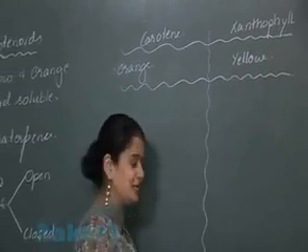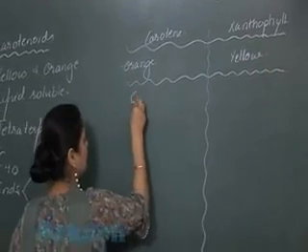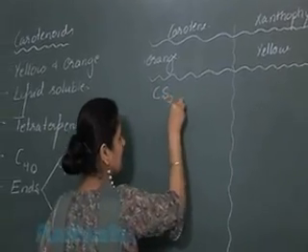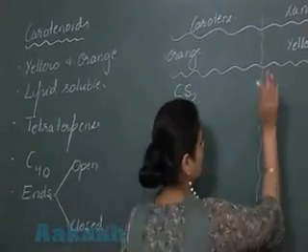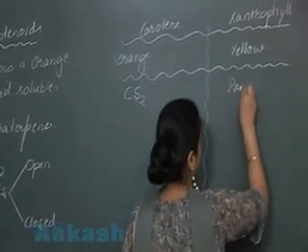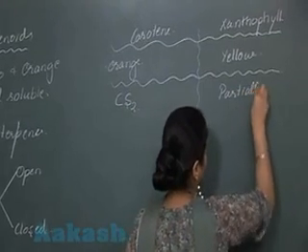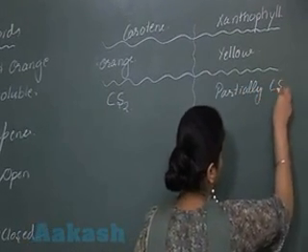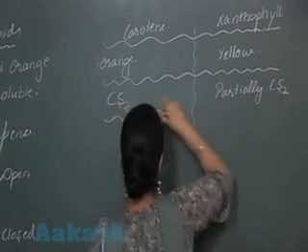Now the carotenes are completely soluble in carbon disulfide, and the xanthophylls are partially soluble in carbon disulfide.